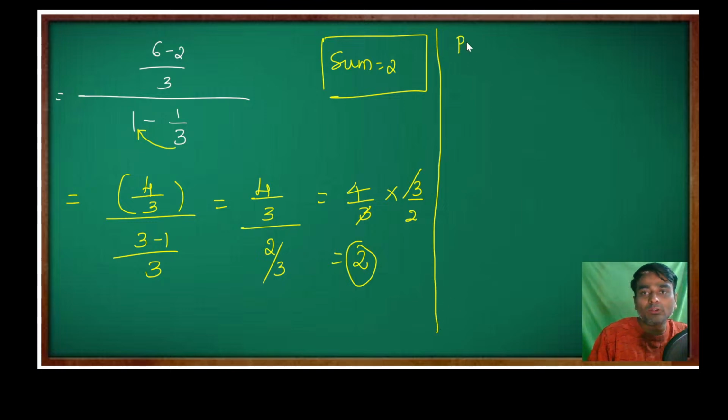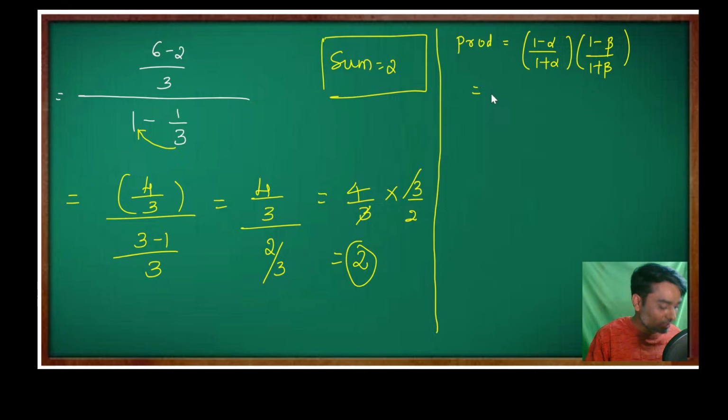Now we will find out the product. So the product is what? Again we will multiply those two zeros: 1 minus alpha divided by 1 plus alpha, into 1 minus beta divided by 1 plus beta. We got the sum, which is 2.